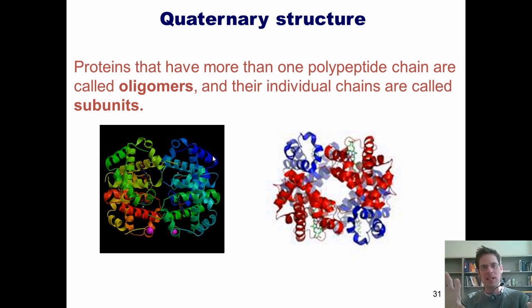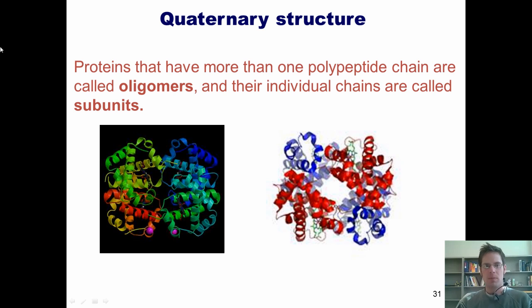But if you have a protein that has multiple polypeptide chains, all individually forming different sections of the protein, then you can say that type of protein has a quaternary structure. Each of those sections could individually be considered a tertiary structure description of the protein. And then the protein as a whole, zoomed out to see all of those together, would be a way of describing the protein at a quaternary level.